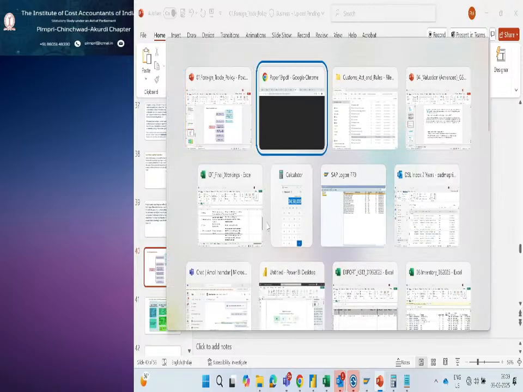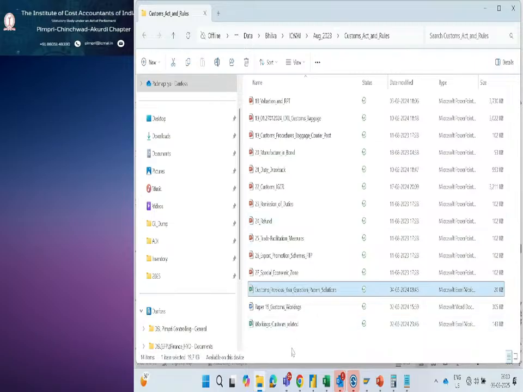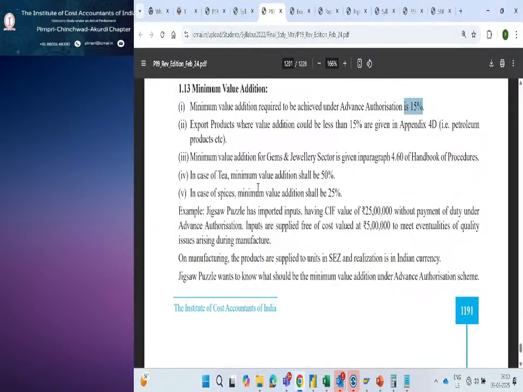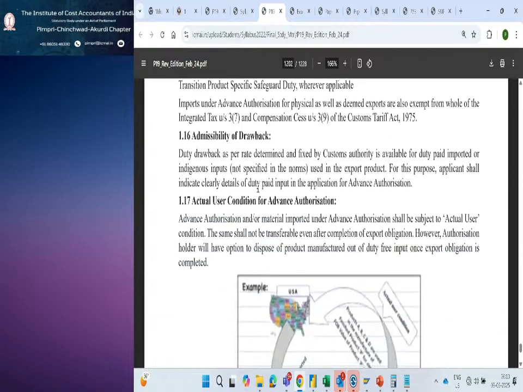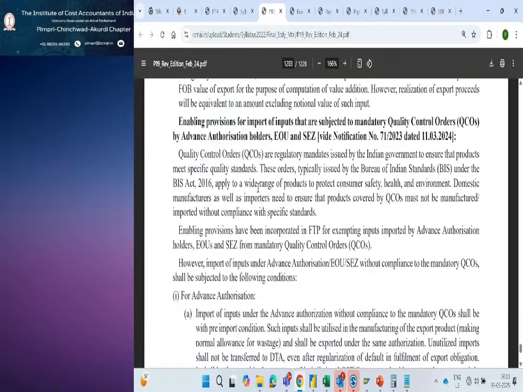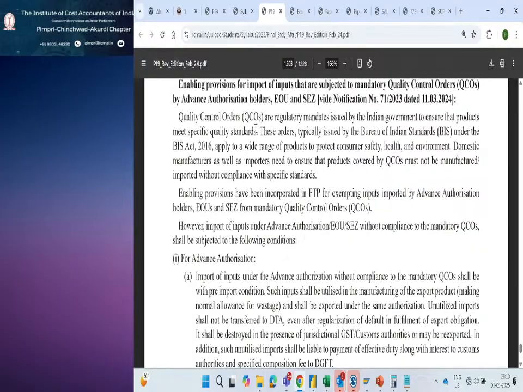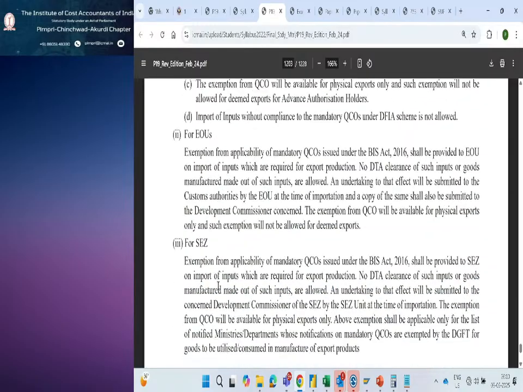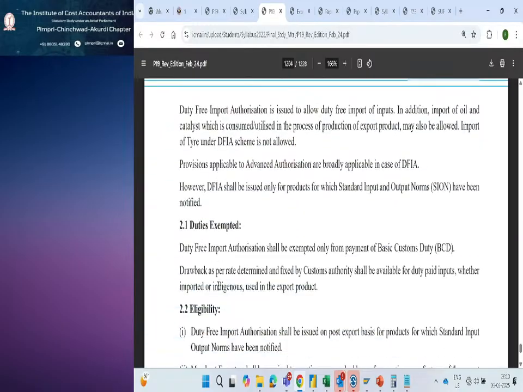Now when we move on to the duty free import authorization and all, we will not take much time. We will quickly have a look. And before moving into this, we have the quality control orders. So once we complete the duty free import authorization, then we'll see about the quality control orders.